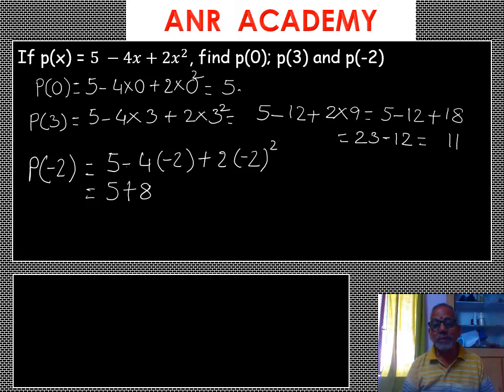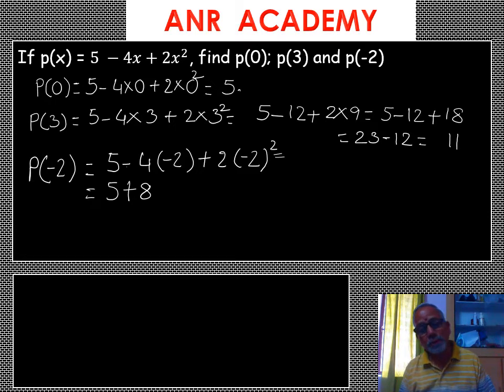Suppose a minus number is there and some power is given. You should see the power. If the power is an even number, then the sign of that total result will be plus. If the power is odd, then it will always have a minus sign. So here 2 is an even number. So minus 2 whole square means plus 4.